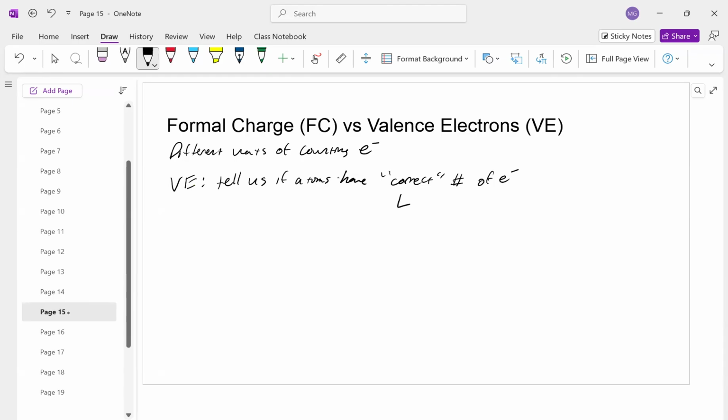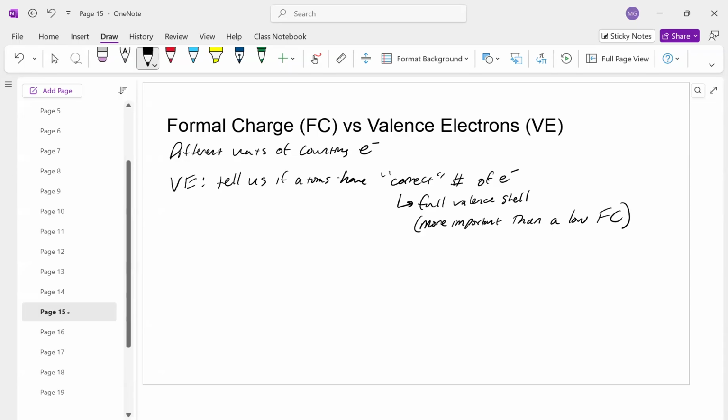When I say correct, what I mean is full valence shell. And when we draw Lewis structures, this is one of the most important things that we have to ensure in drawing a proper Lewis structure. This is more important than a low formal charge.